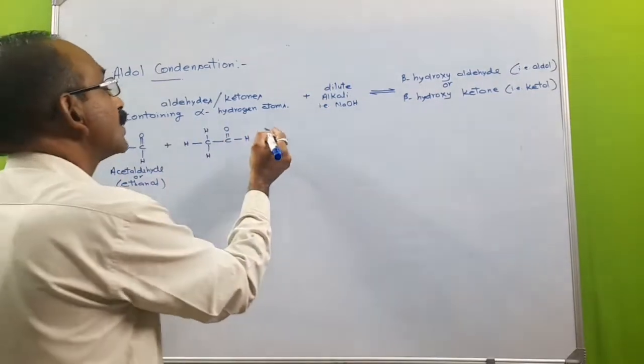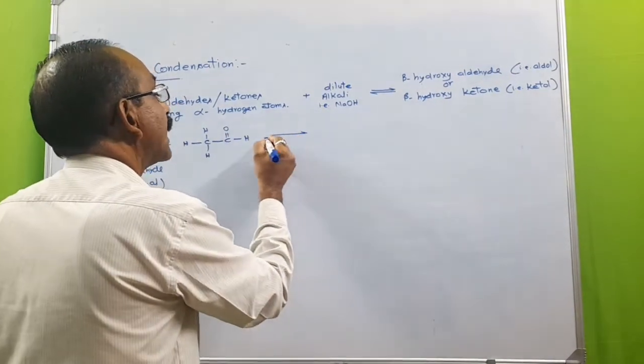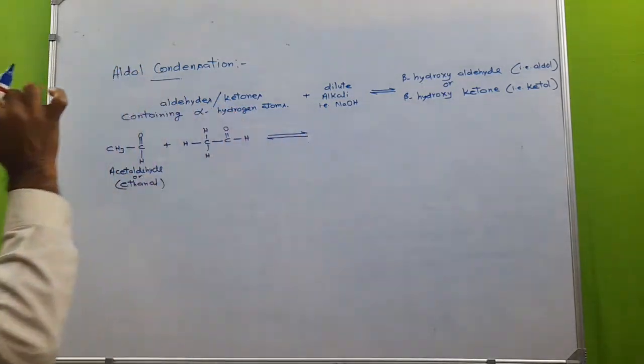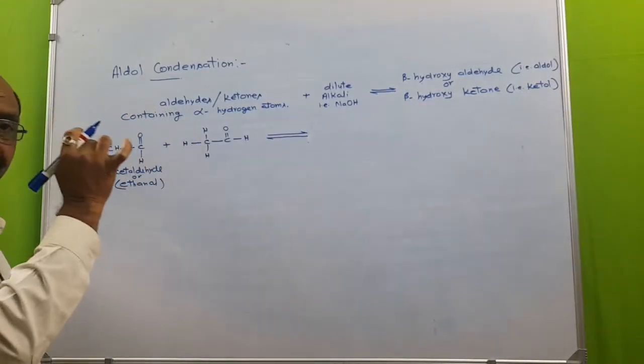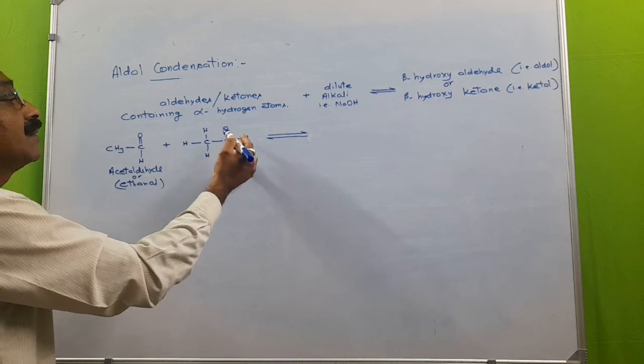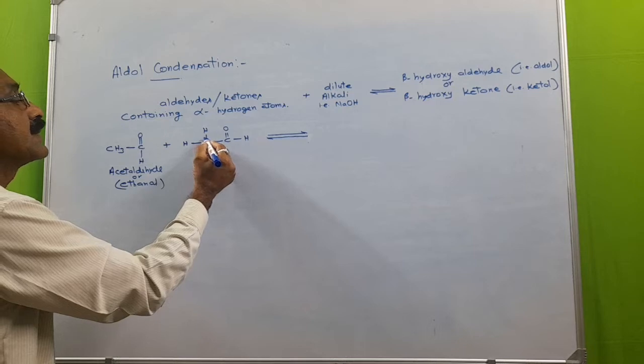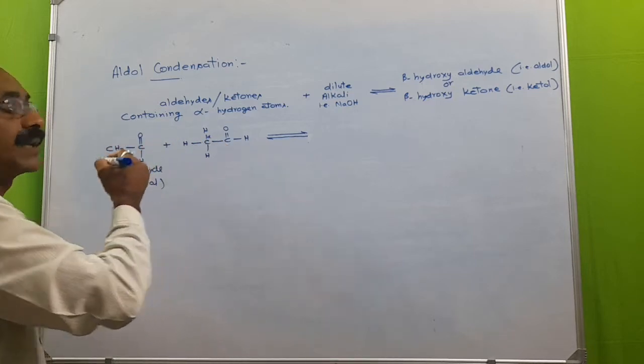So when such aldehydes have alpha hydrogen, remember what is alpha hydrogen? The carbon adjacent to the functional group, the carbonyl group, is called alpha carbon.